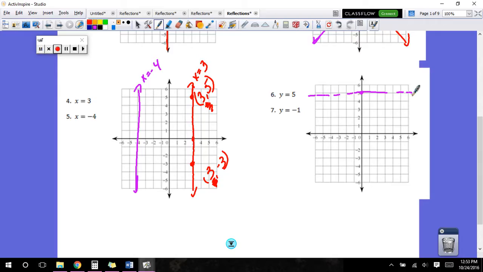Again, you can test points if you would like. Y equals -1. We're going to go down on the y-axis at -1 and come across, horizontal. Any questions on these?